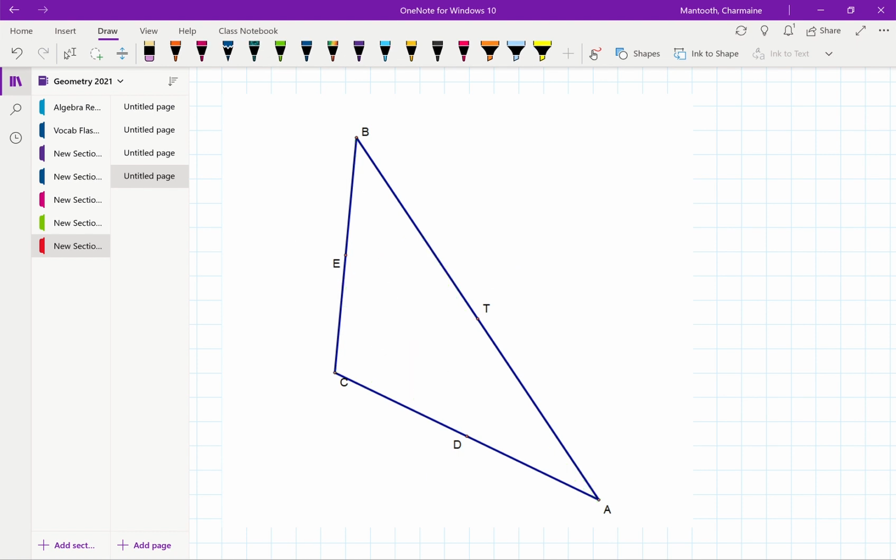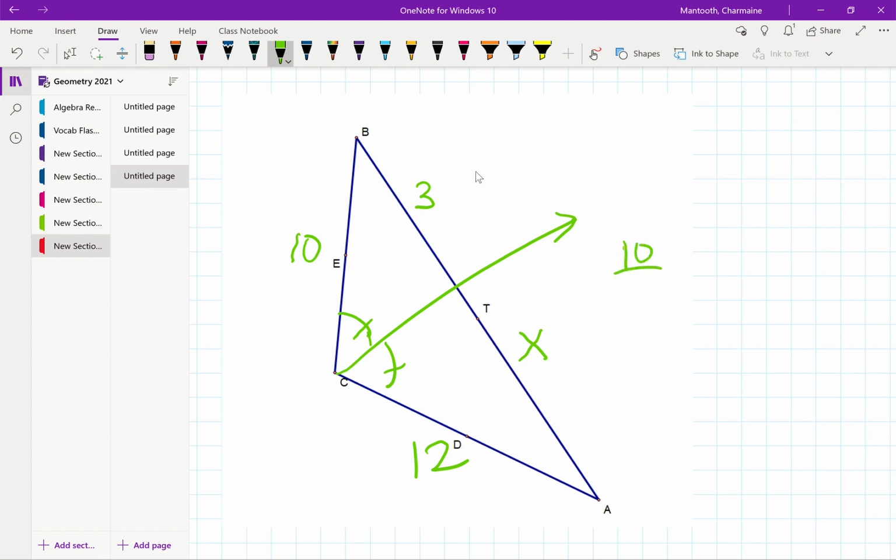But the math that comes with it is if I have a single angle bisector, that's when I get proportional lengths. So whatever this length is over this little piece is proportional to whatever this length is over this little piece.